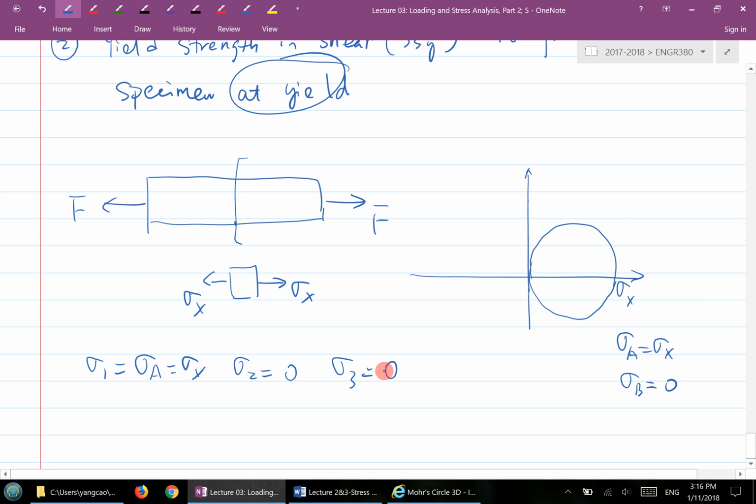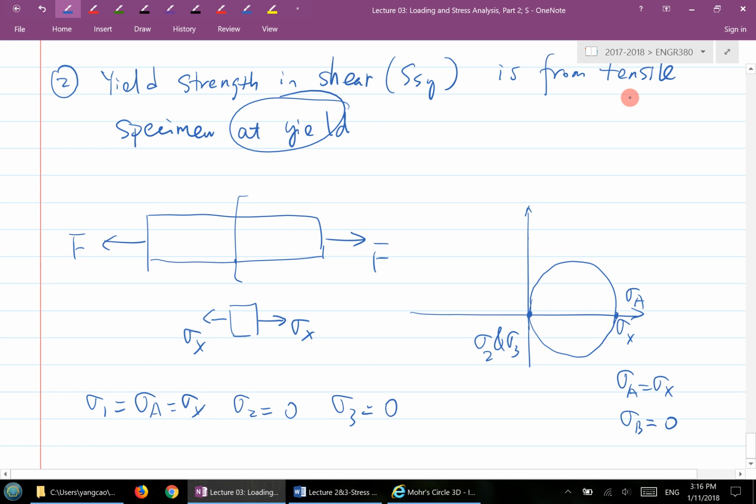Exactly. So you have sigma A here, and at this location it's your sigma 1, sigma 2 and 3. Technically speaking, one of the circles shrinks to the origin, so you only have one circle here. So now this is your Mohr circle, and it says it's the tensile specimen at yield.